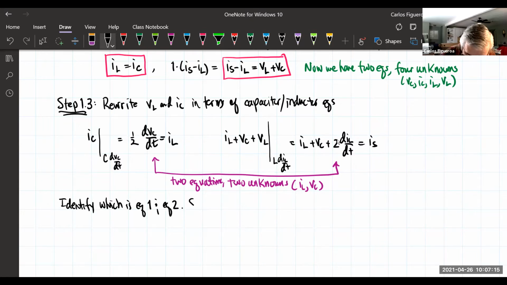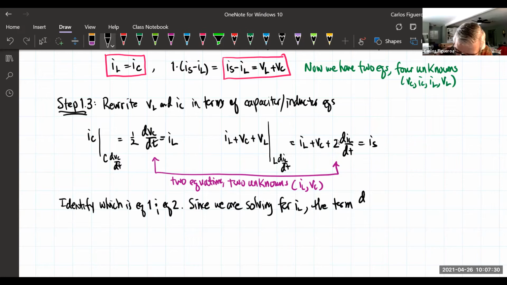And since we are solving for IL, the term di dt is equation 2.